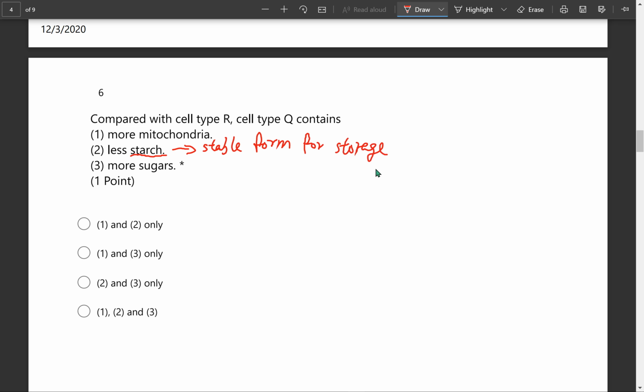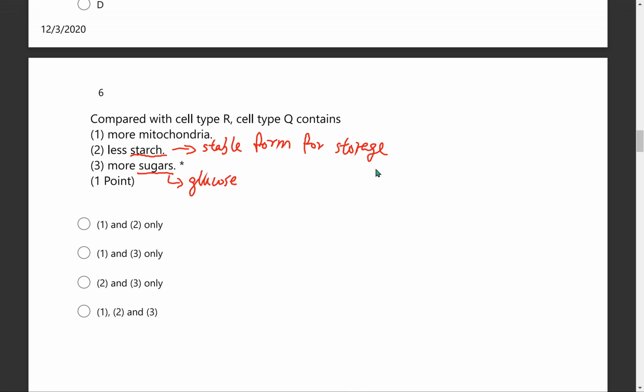And for sugars, usually when we say sugars, it would be some monosaccharide or disaccharide. But of course, it's not the case. In this case, more sugar could be glucose or glycogen, a form for transportation.